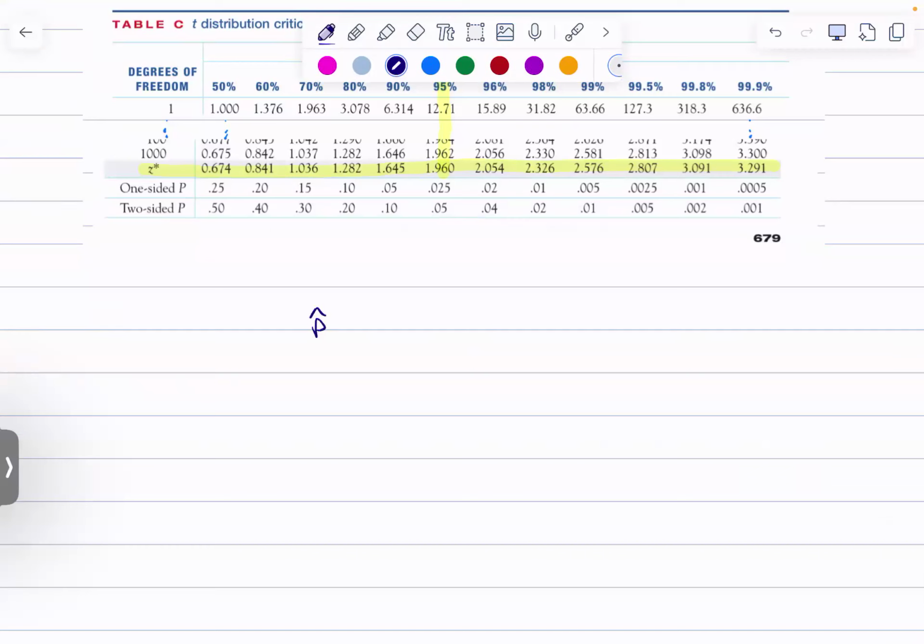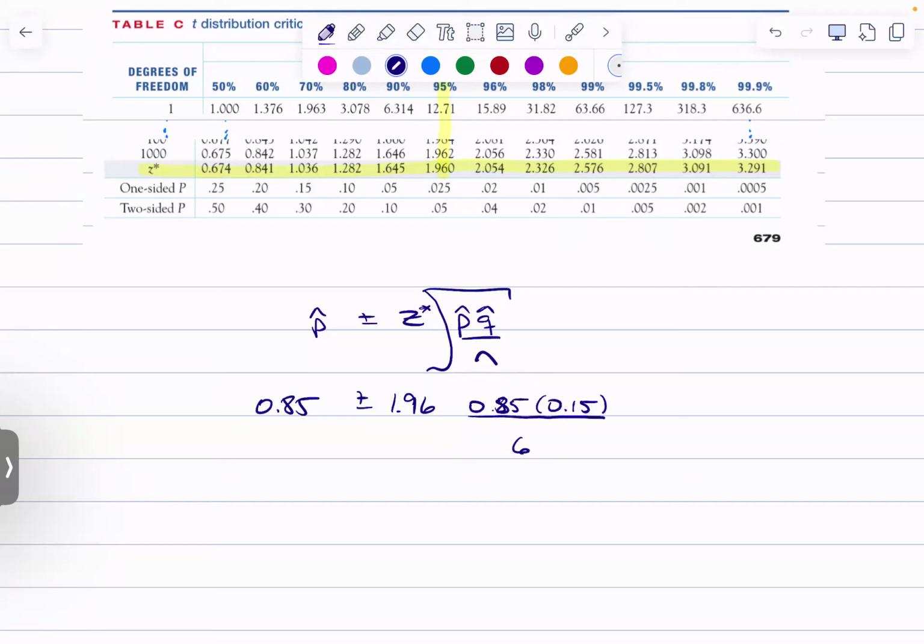So we've got p hat plus or minus z star times the square root of p hat q hat over n. We can plug in all our values: 0.85 plus or minus 1.96 times the square root of 0.85 times 0.15 over 670.